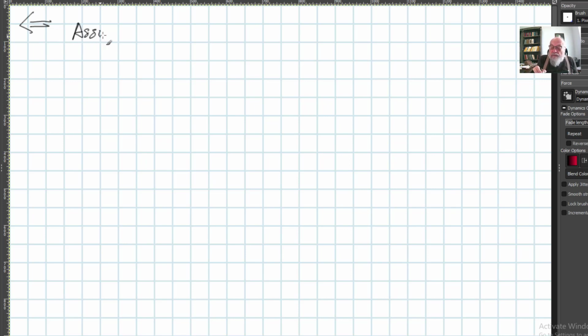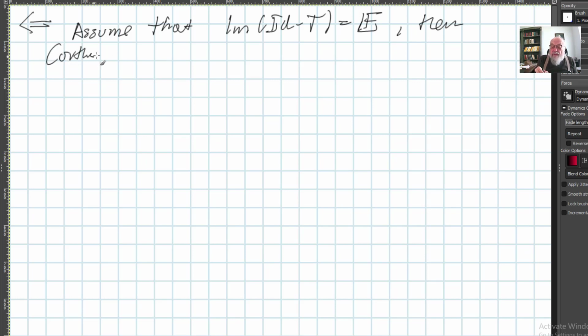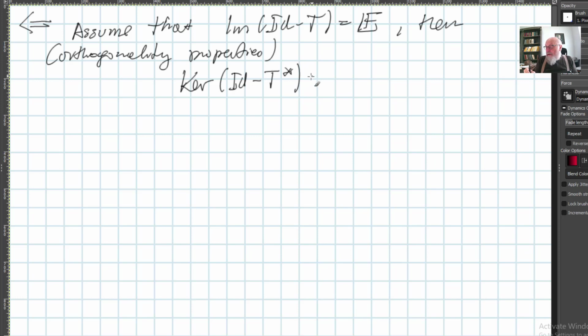So assume that the image of identity minus T is equal to this whole space E. By the orthogonality properties, we have that the kernel of identity minus T star is equal to the image of identity minus T perpendicular.